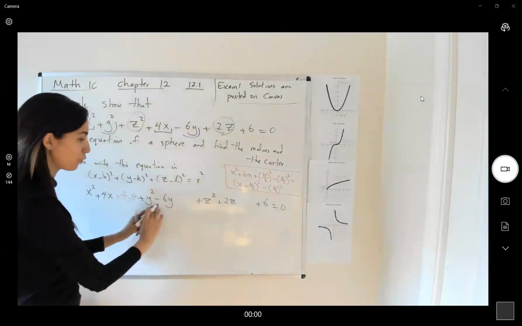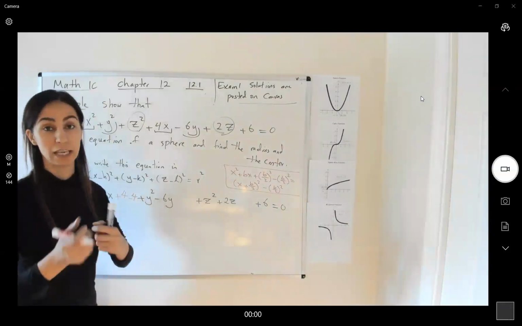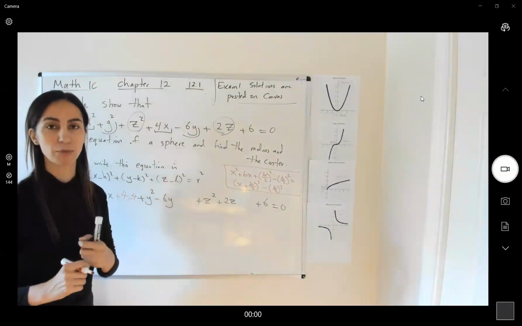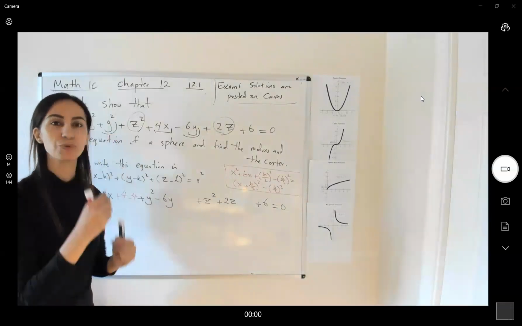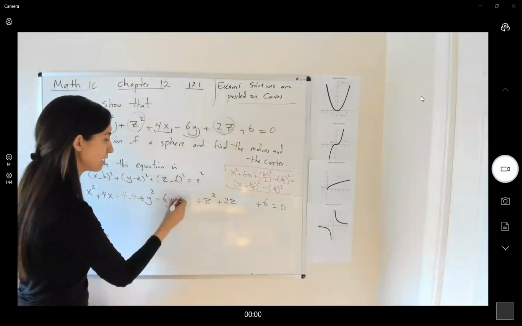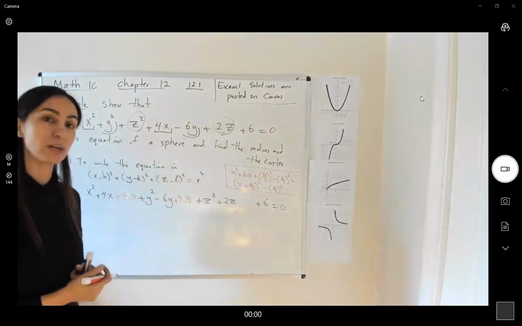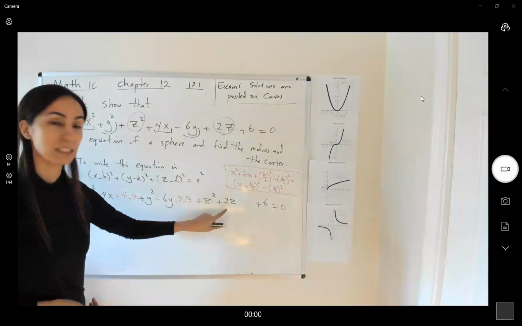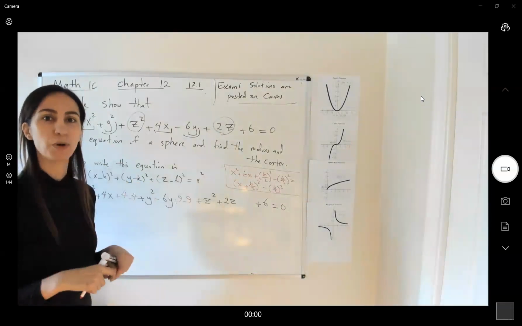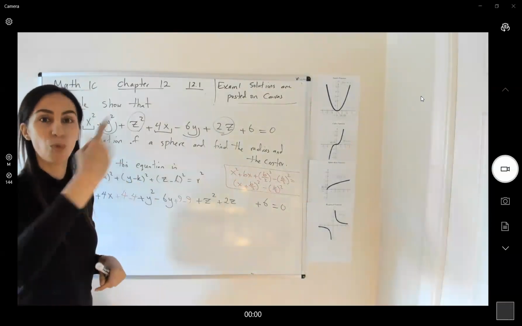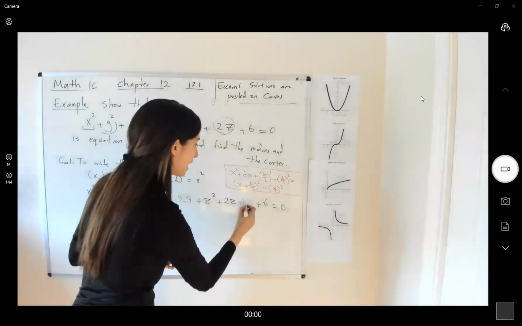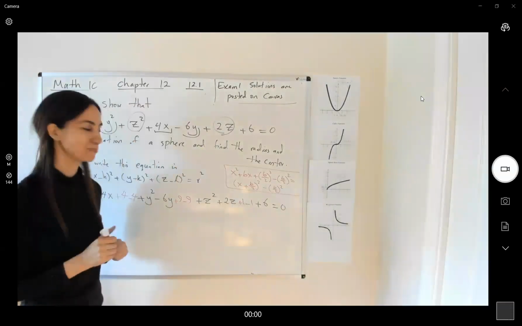Then you have y squared minus 6y. Take 6, 6 divided by 2 is 3, 3 squared is 9, so we add and subtract 9. Now for z squared plus 2z, b is 2, divide b by 2, you get 1, 1 squared is 1, we add and subtract 1.